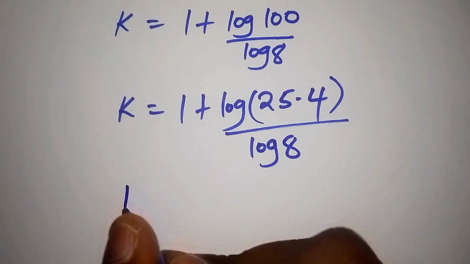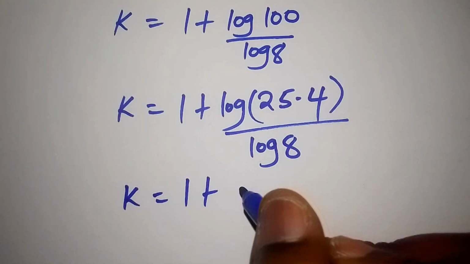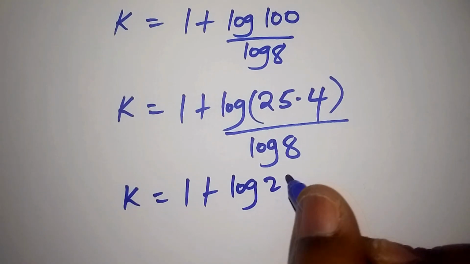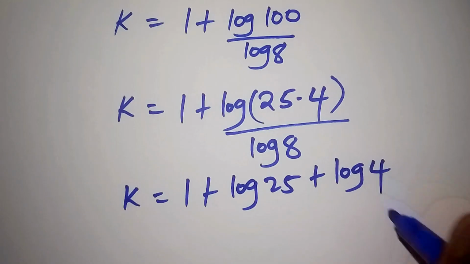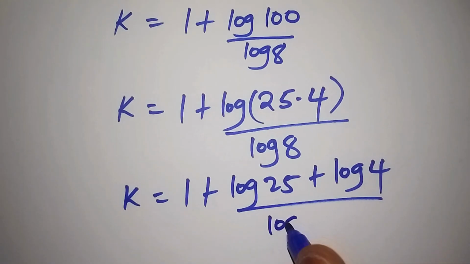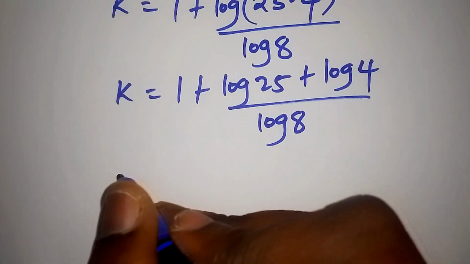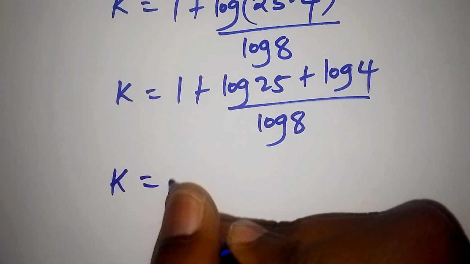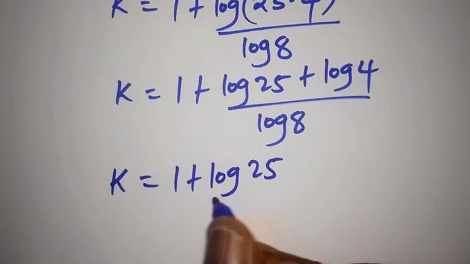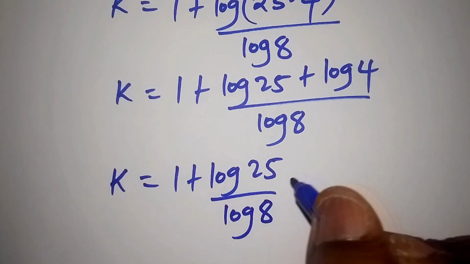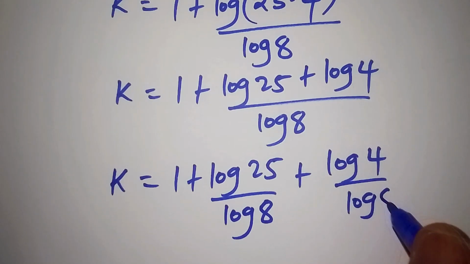So now k is equal to 1 plus the log of 25 plus the log of 4, all over the log of 8. So now we divide through by the log of 8, saying that k is equal to 1 plus the log of 25 all over the log of 8, plus the log of 4 all over the log of 8.